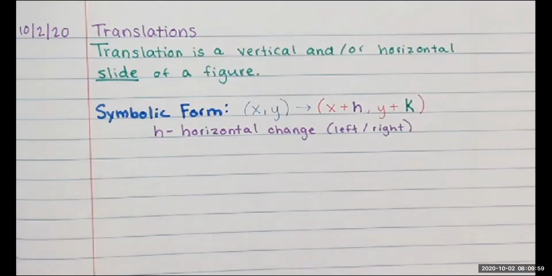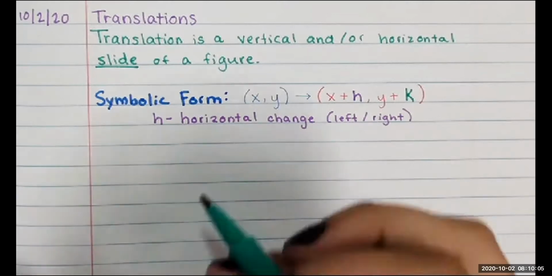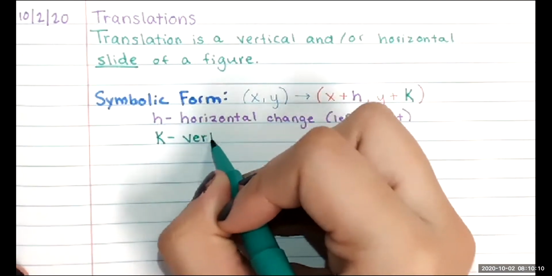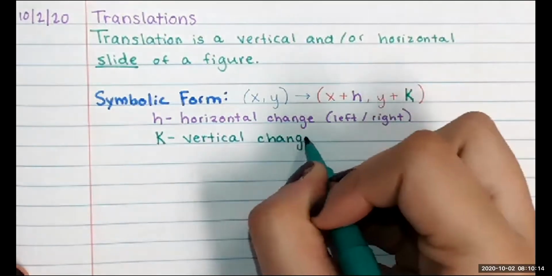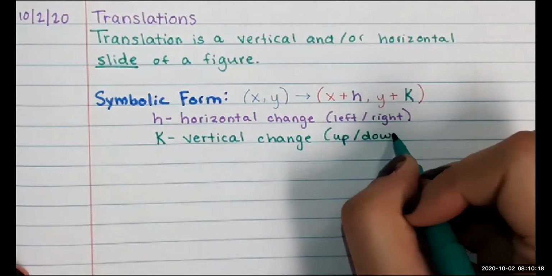So H is the horizontal change, how much it moves to the left and the right. And K is your vertical change. How much did it move up or down?